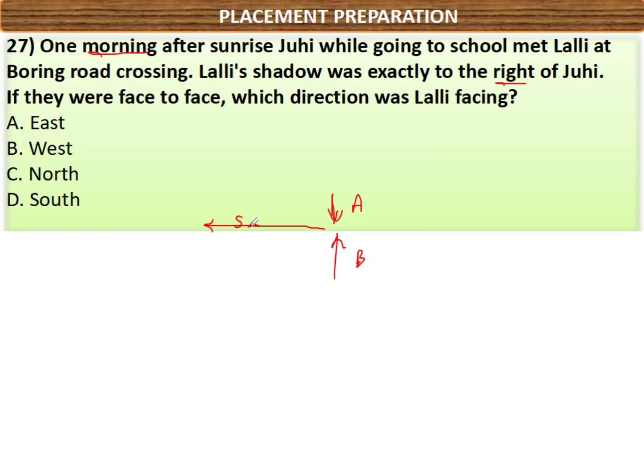This is towards the right of A. According to us, it is right of A. According to the question, it is right of Juhi. So this A is Juhi. If A is Juhi, B should be Lalli. What is the question they are asking? Towards which direction is Lalli facing? Lalli is facing north. That's it.